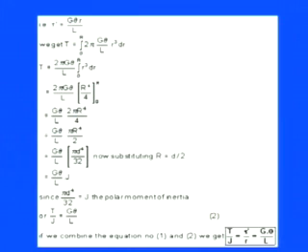Now if I replace r by the diameter of the circular shaft, r is equal to d by 2. Since we have r to the power 4, at the end the torque is equal to G theta by L into pi d4 by 32.